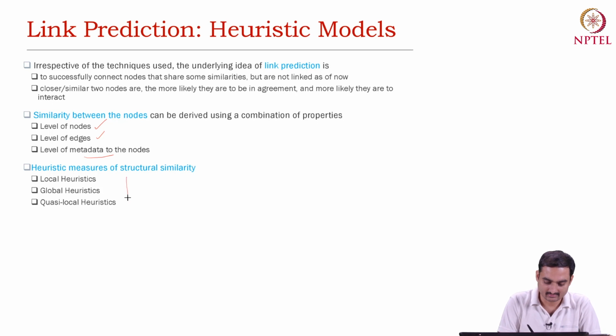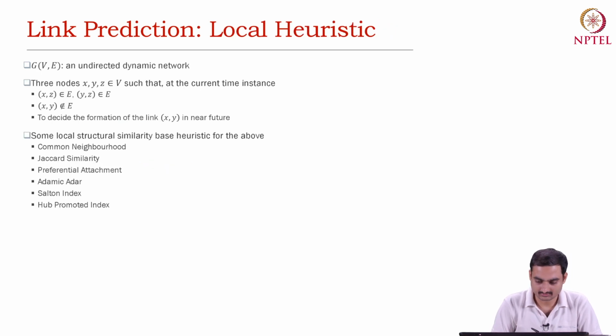As I mentioned, we will look at three types of such metrics. One is called local heuristics, the second one is global heuristics, and in between these two we have quasi local, semi local kinds of heuristics. For local heuristics, let us consider an undirected graph G = (V, E), and there are three nodes x, y, z belonging to V at the current time instance.